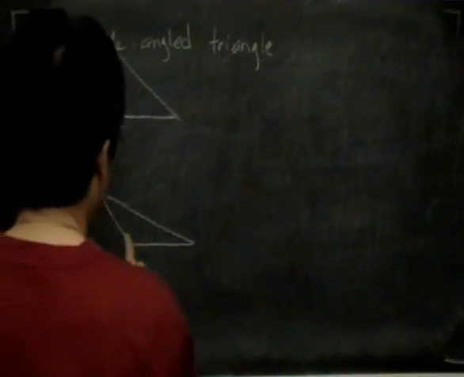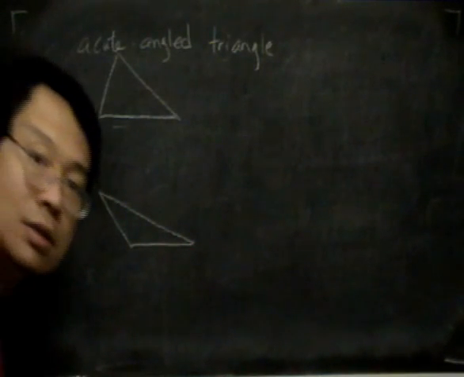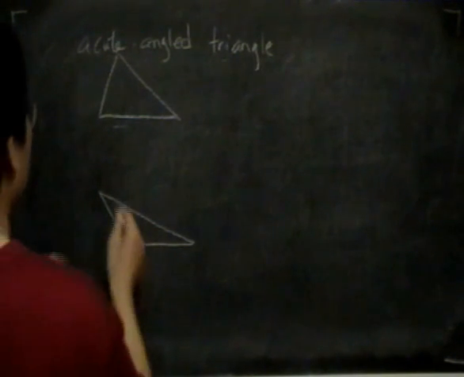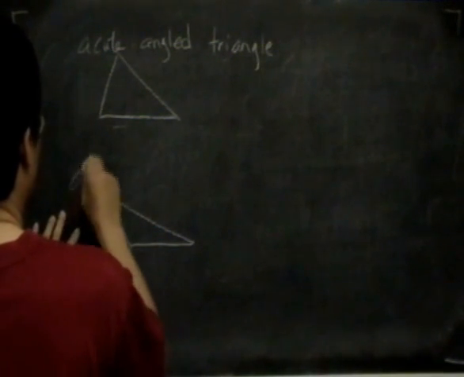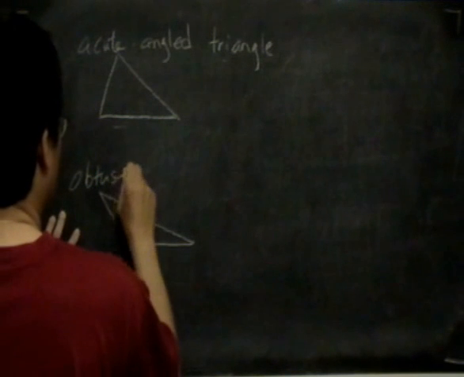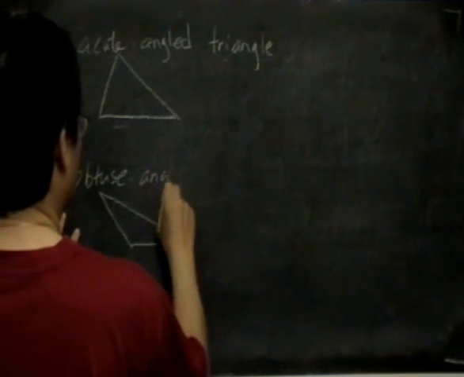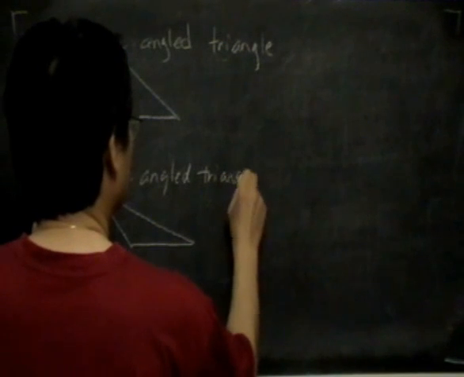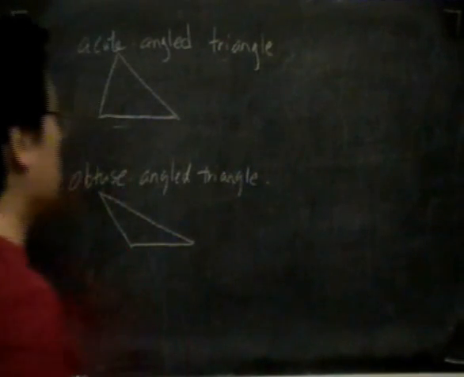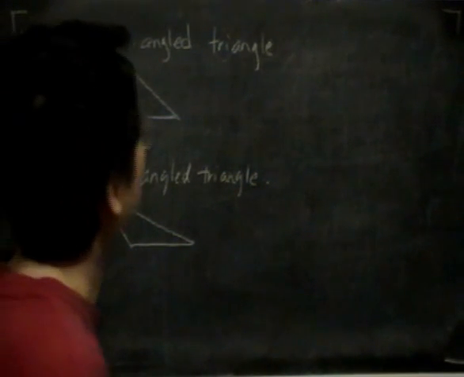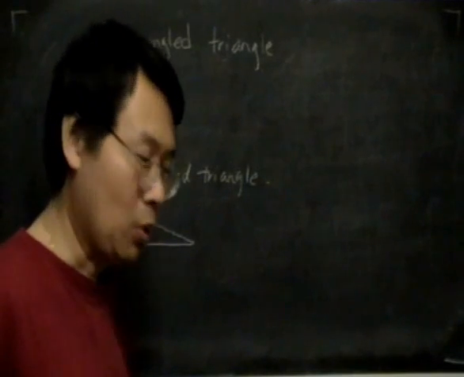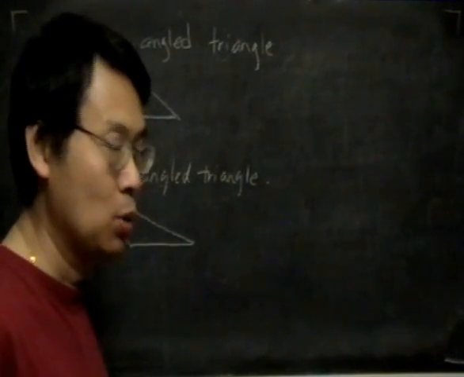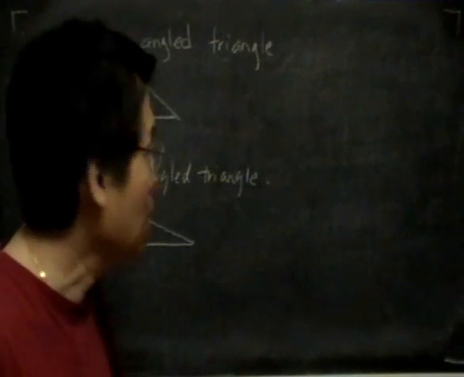Now because of this obtuse angle, this angle that is more than 90 degrees, we call it an obtuse angled triangle.